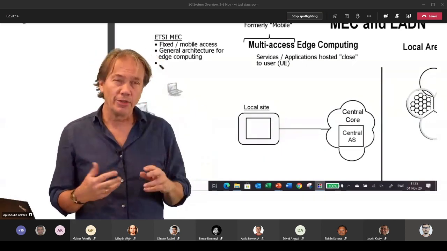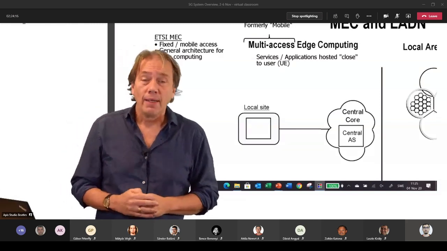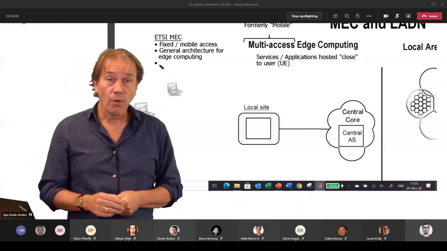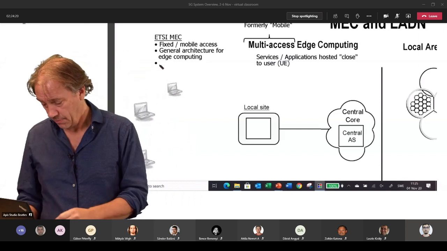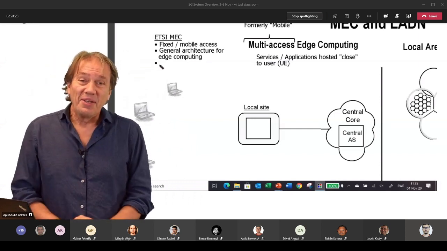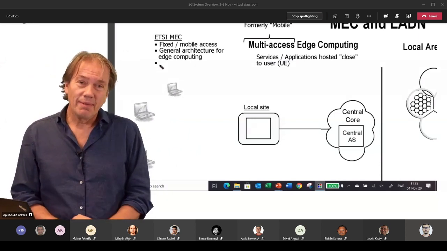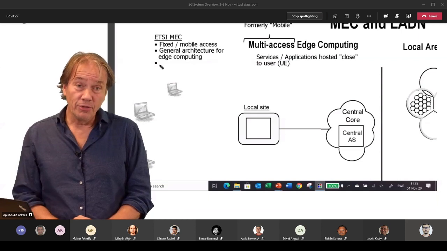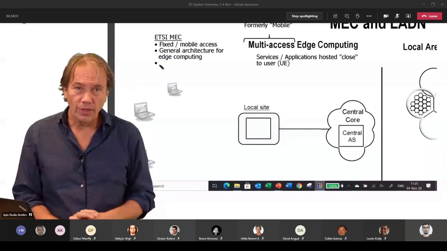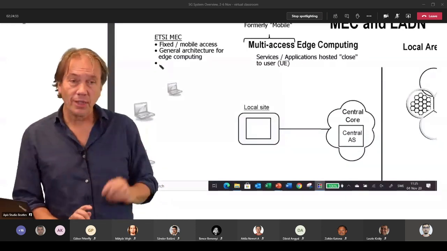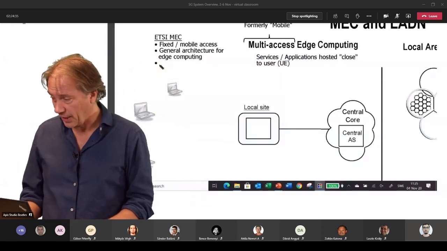If you read between the lines, you can assume that, but NFV specifications are also from ETSI. And yeah, edge computing uses NFV. We will also see that in this slide I will show you in a few seconds.